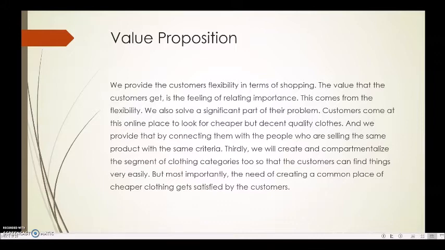Customers come to the online place so that they can have cheaper but decent quality clothes, and this is important for a pre-loved clothing system. We provide this chance by connecting all of the people who want to buy or sell within the same criteria, and this integrity is the most important value proposition in our system.